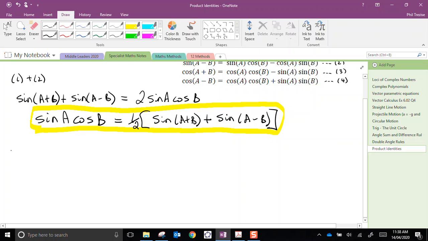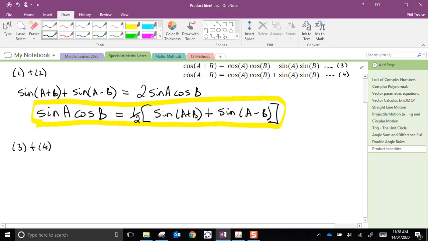So that suggests that we could go equation 3 added to equation 4. Now on the left hand side I would have cosine A plus B added to cosine A minus B.